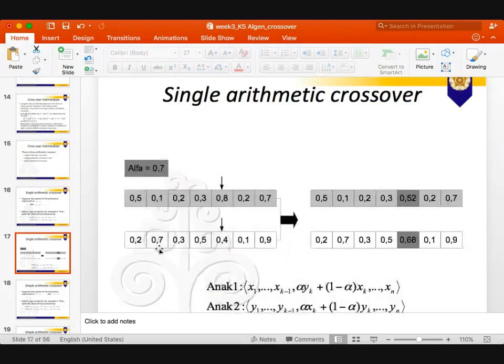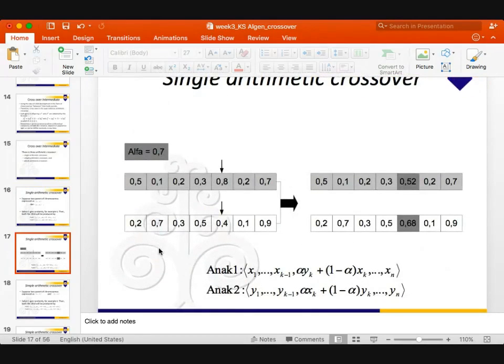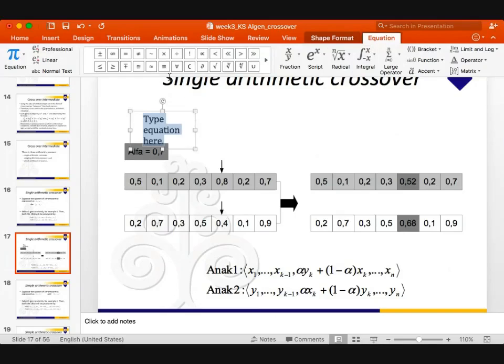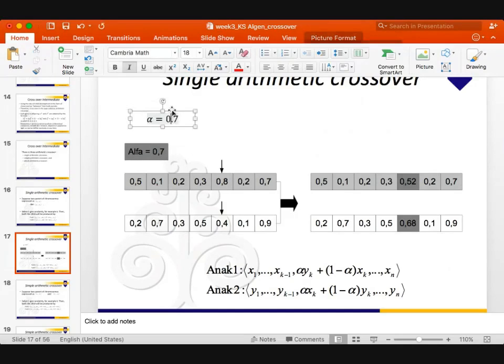Here is the example. You can see that alpha is 0.7. 0.7 is okay because it's not more than 1 and not less than 0.